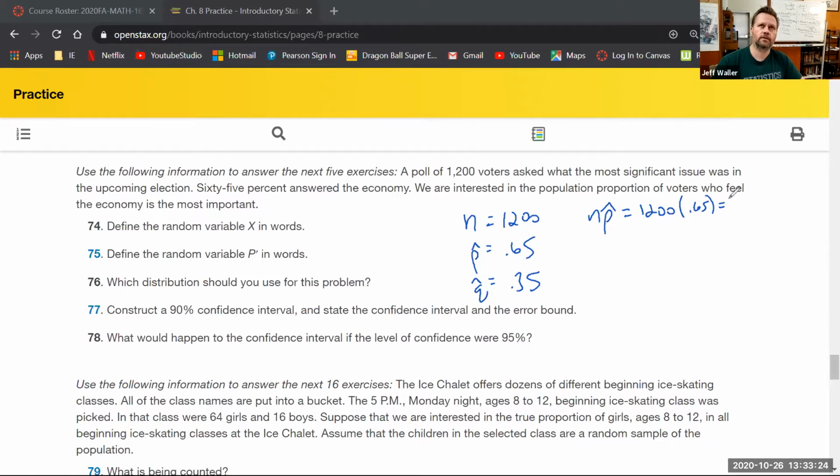So what is that? 780? Somebody save me, I'm trying to do it in my head. So 780, and then N Q hat would be 1200 times 0.35, and it's really just the rest, so it's going to be 420. And then those are both at least what?